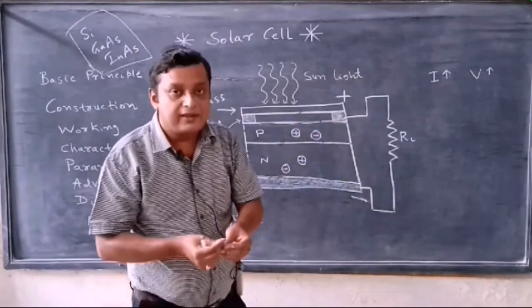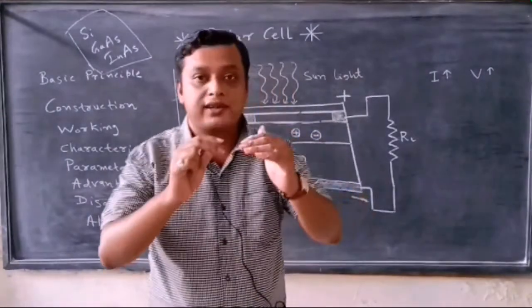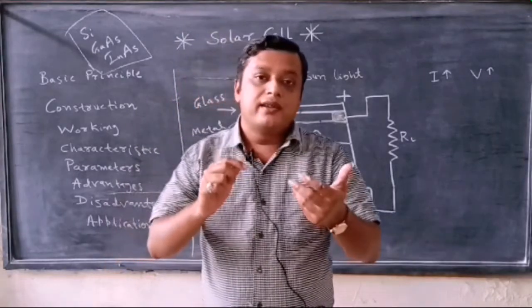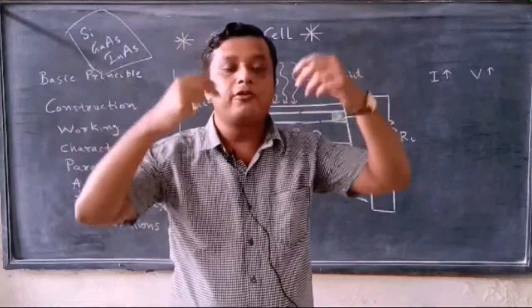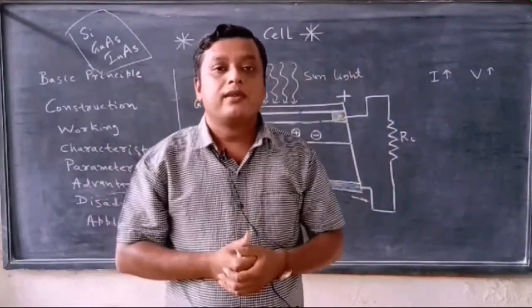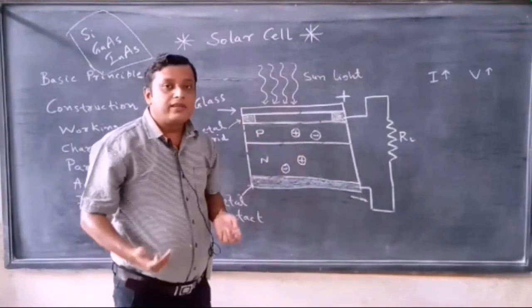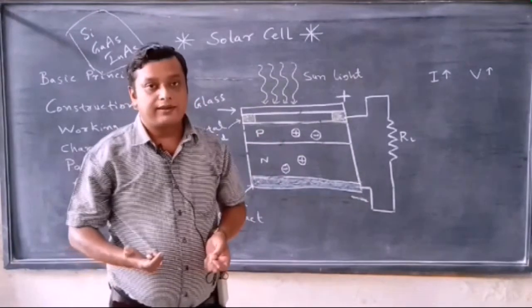Then not sufficient photons would fall onto the p-type semiconducting material, which would reduce the efficiency of the solar cell.